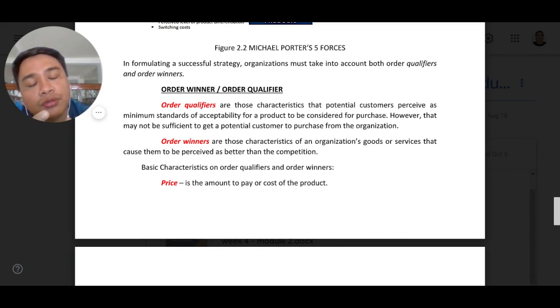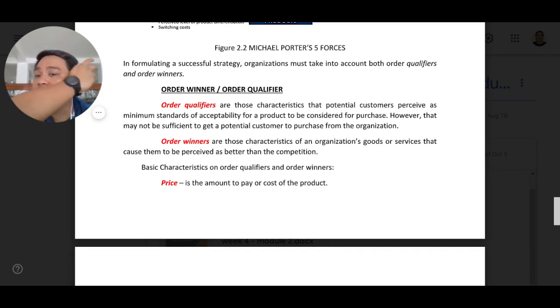Dun sa Jollibee, meron siyang cheese, meron siyang ketchup, and the burger patty. Now, what sets McDonald's as an order winner? Yung mustard tsaka yung pickles. So that's the order winners. What is the most advantageous edge for them based on the order qualifiers, based on the two certain products? Okay, that's what we call order qualifiers and order winners.